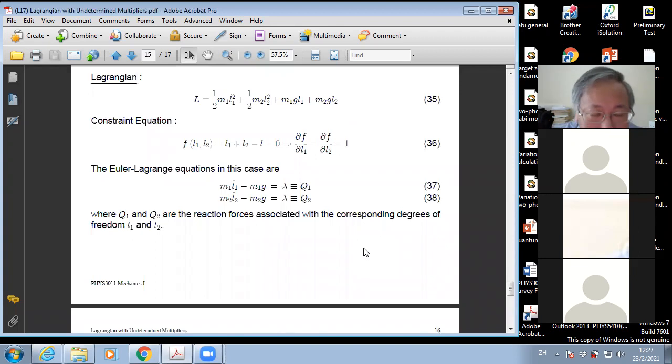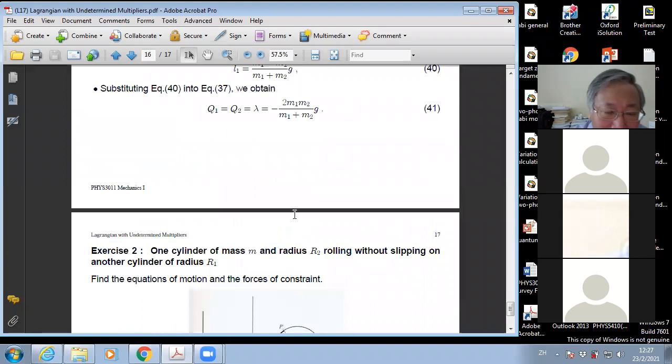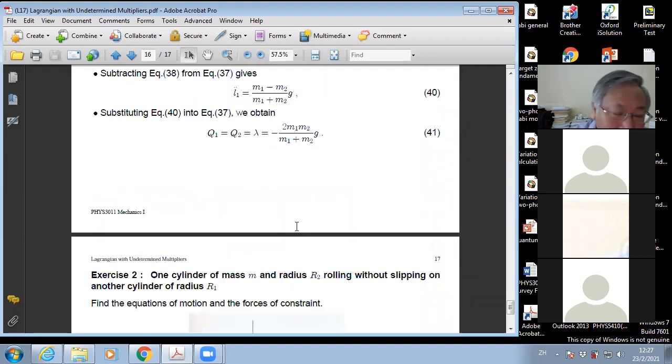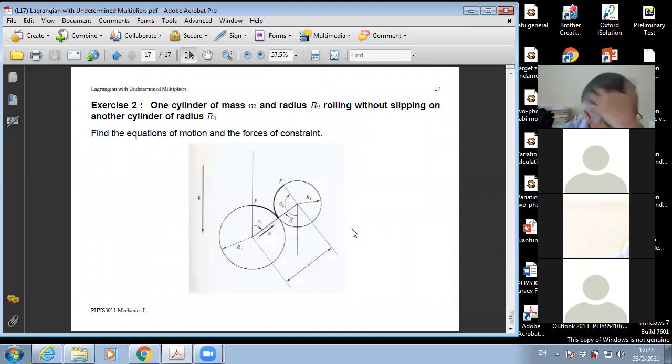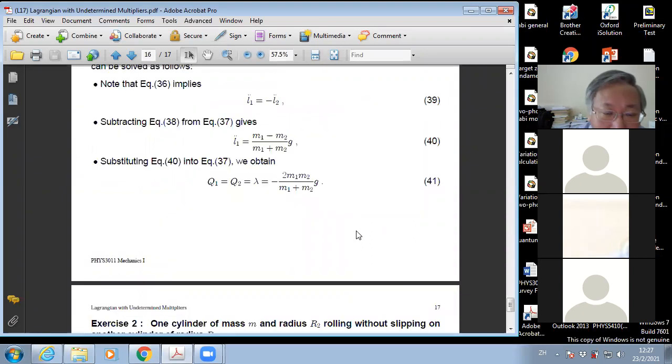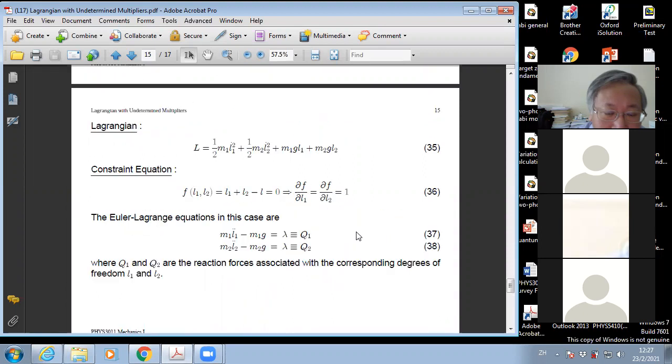So you can see that through a series of systematic steps, we can find the solution of the equation of motion. We can find the Lagrange multipliers. We can also obtain the generalized constraint forces one by one. Okay, so very powerful method. So can I ask what Q1 and Q2 correspond to?